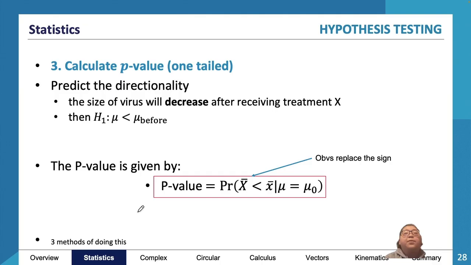If you think of your norm CDF, you set it up as the probability of going from negative infinity to your x value, given that your mean is equal to mean 0, and you have your standard deviation over root n as well.